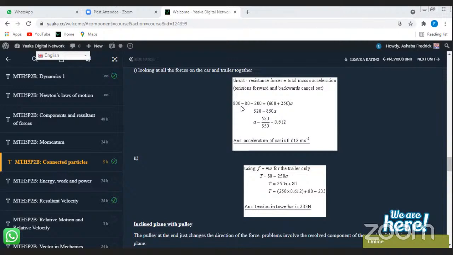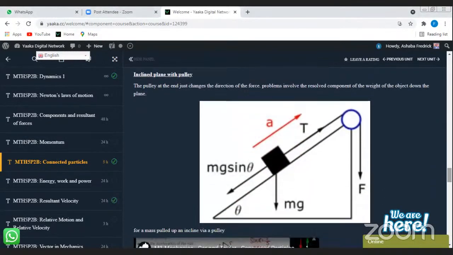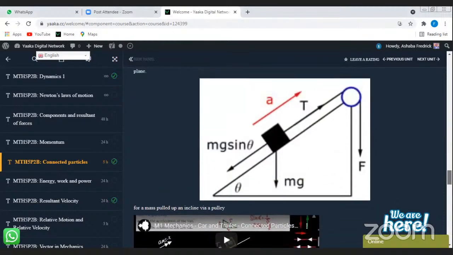The forces: we have to get 800 minus 200 minus 80, and then we equate it to 600 plus 250 times acceleration. Yes, 250, I was making a mistake.